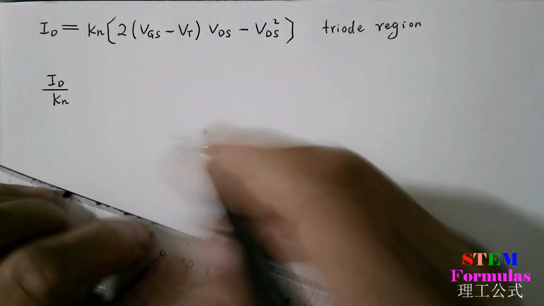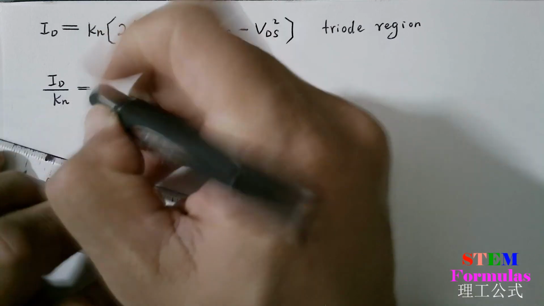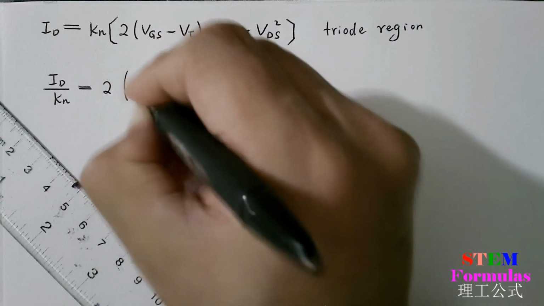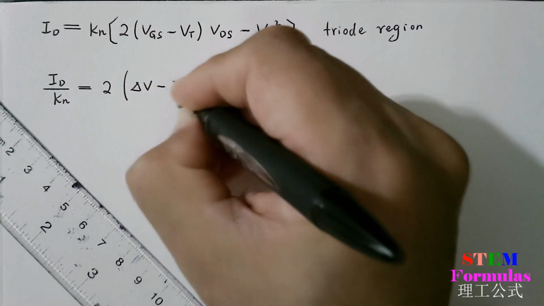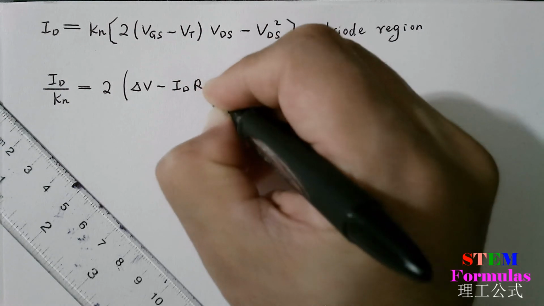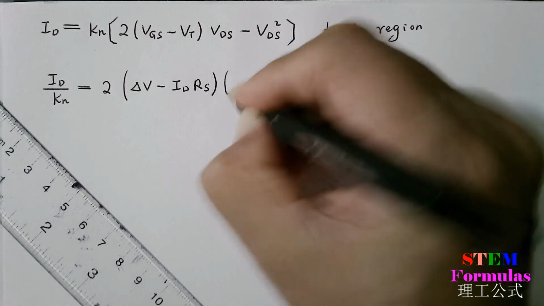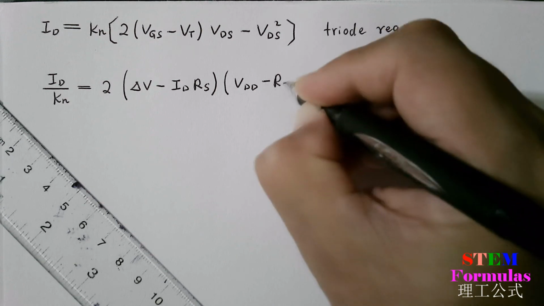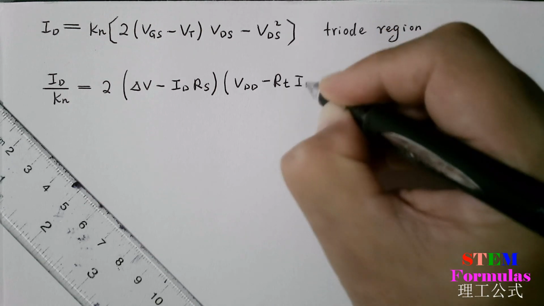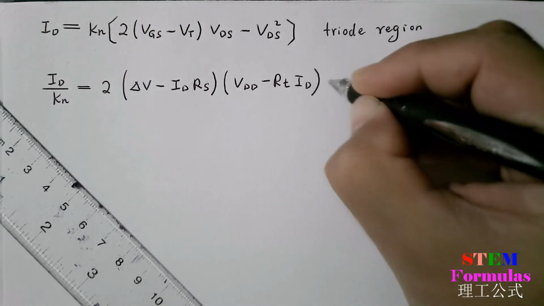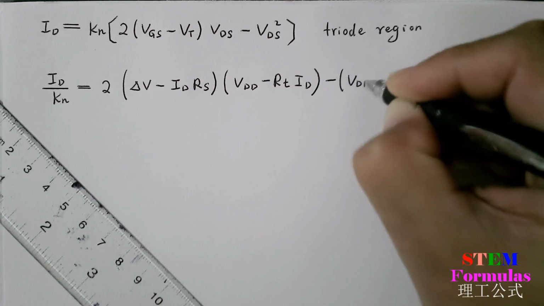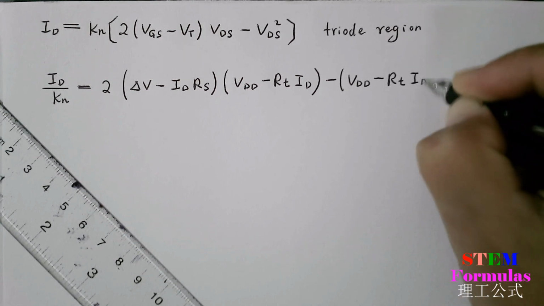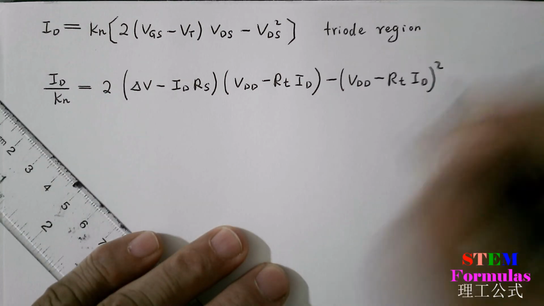Now on the right side I have 2 times delta V minus ID RS times VDD minus RT ID, and minus (VDD minus RT ID) squared.